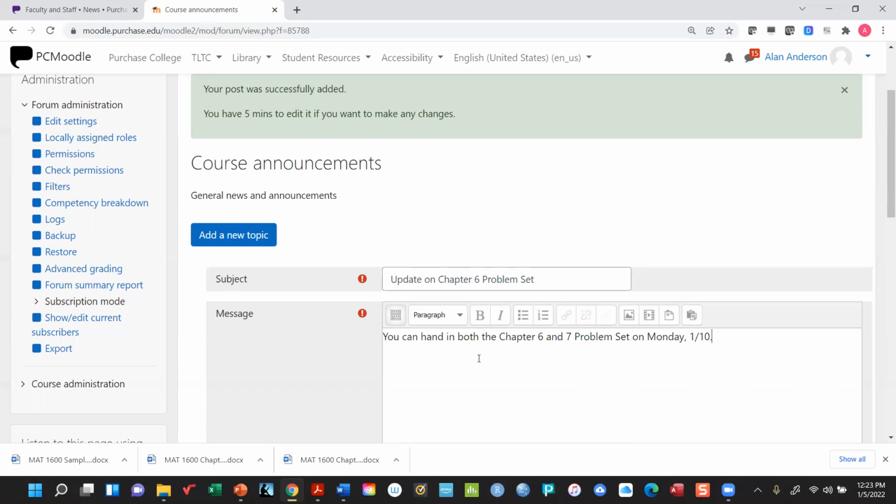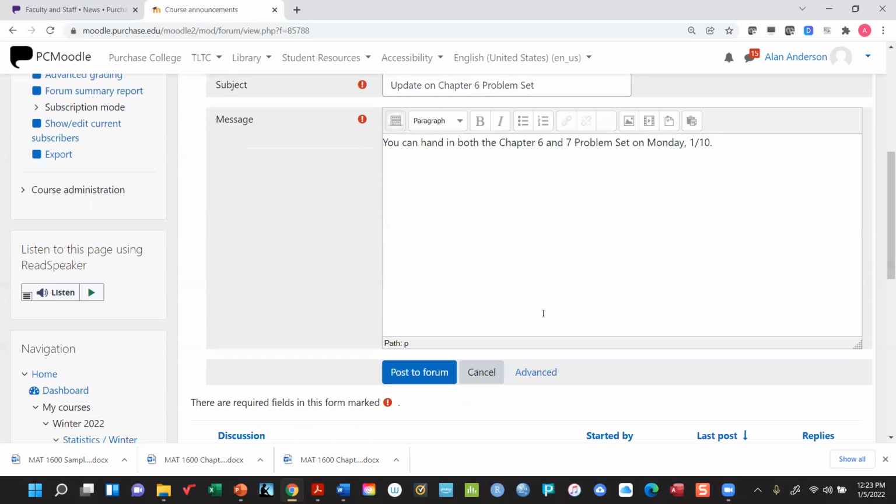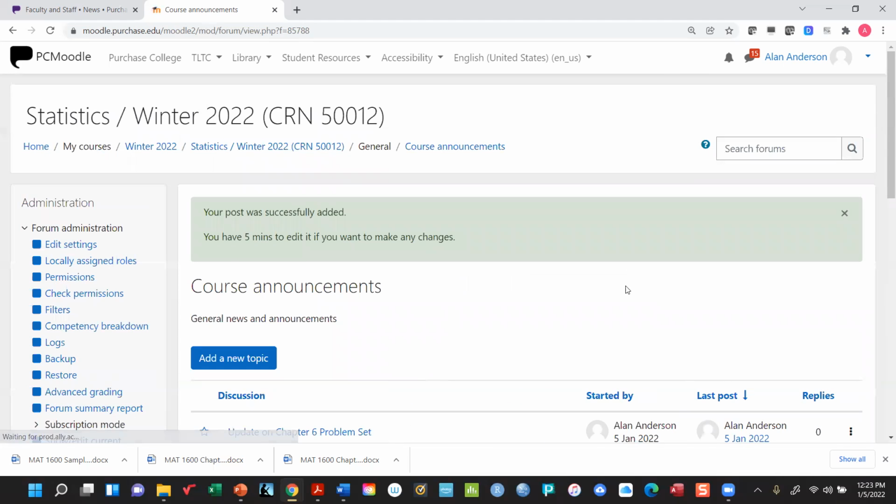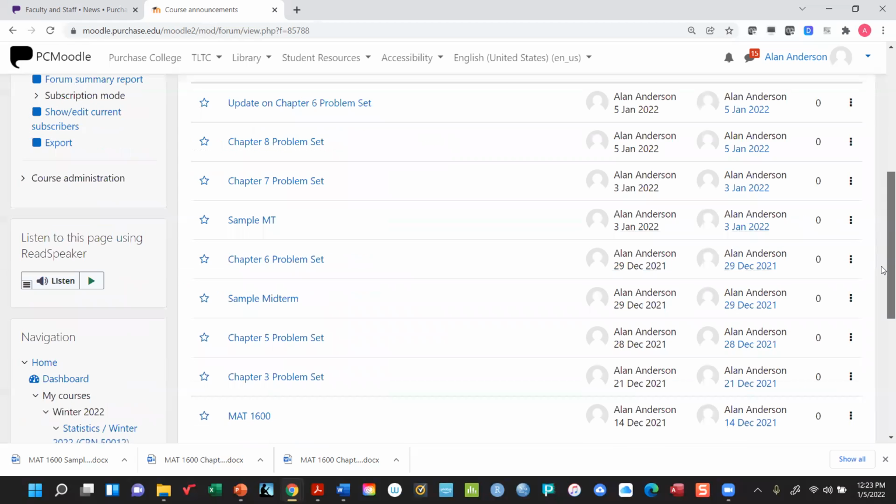And by the way, when the dates, like for example, when it says the 10th, it means midnight on that date. So when it says Monday, it means Monday at midnight. So you really actually have the whole day if you need it. Like I said, I do not want to have a situation where all of a sudden you have to hand in 4 or 5 assignments at the last minute. I'm trying to spread them out as much as humanly possible, given that we only have 4 weeks. So this way, I think we'll be in pretty good shape.